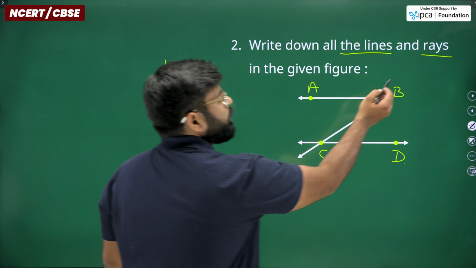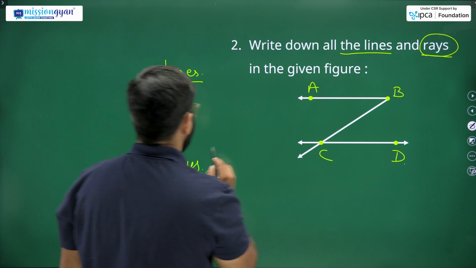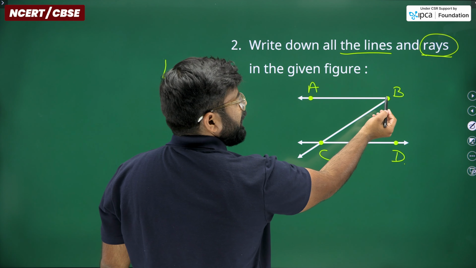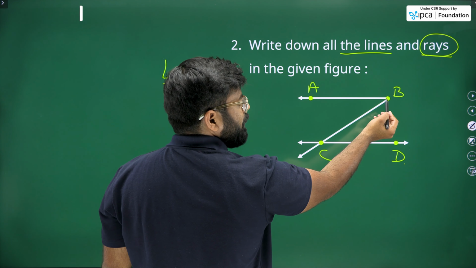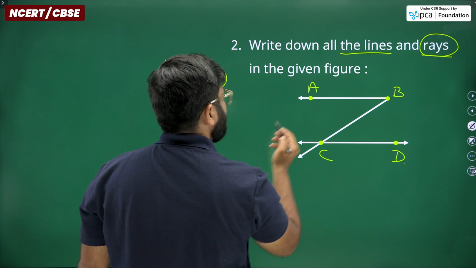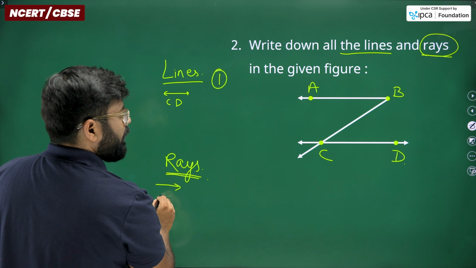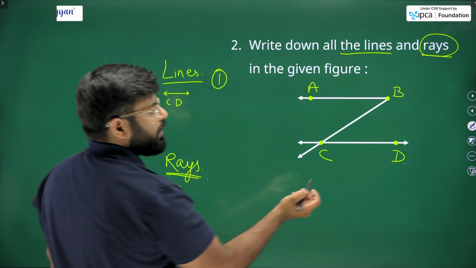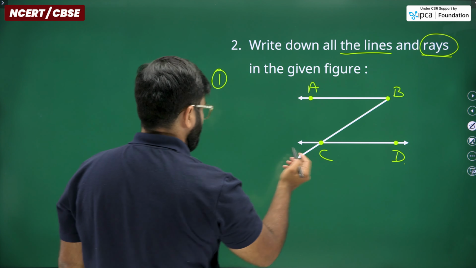Now let's move towards the rays. How many rays do we have? We can say that we have point B as a starting point and it is moving endlessly towards point A. That means we can say we have ray BA. Understood? And the other one is ray BC. Why?